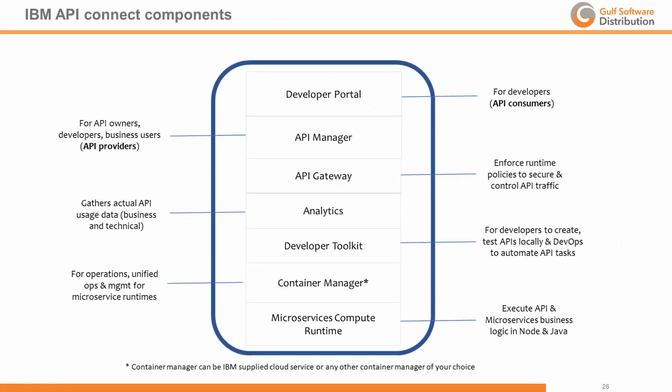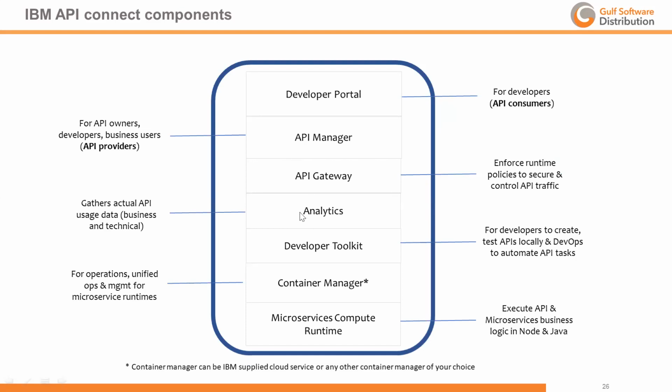This is again a different view of the API management, or different components within the API management product. So like I said, there is a developer portal, which is primarily for developers who are the consumers of the APIs. Then you have an API manager. This is for developers and business users. Then you have the security gateway, or the API gateway.